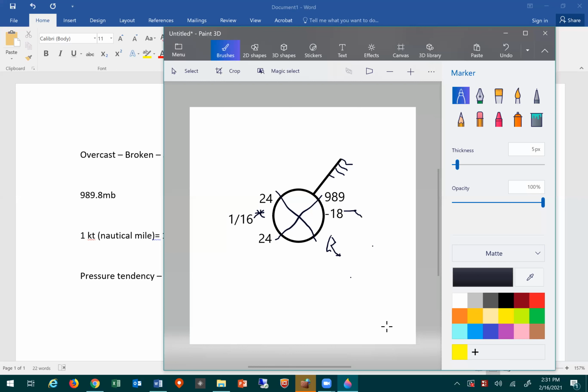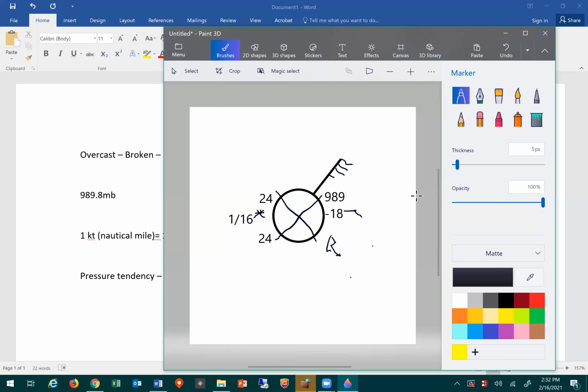What's the visibility? 1/16 of a mile. Temperature 24, dew point 24. That means the relative humidity is almost 100%. We have heavy snow, 16th of a mile visibility with winds at 35 knots. The sky is obscured, right? You couldn't see the clouds because it's snowing so hard.